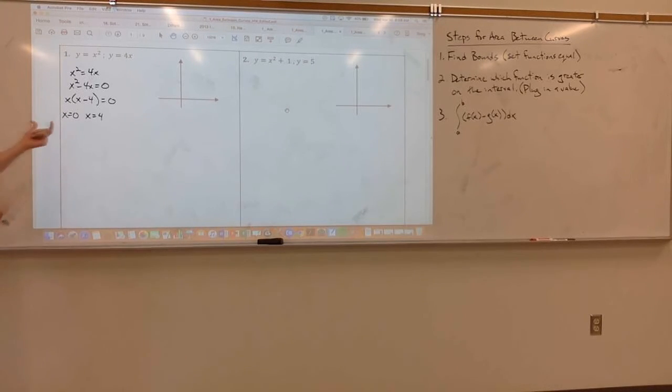On an interval, since we found these 2 points of intersection, there's no possible way that it would change again, right? If those are the only 2 places where it intersects, one function is going to be greater than the other one on that entire interval.